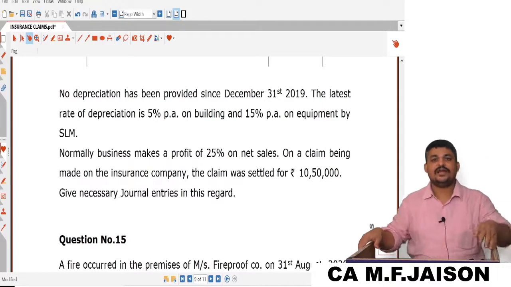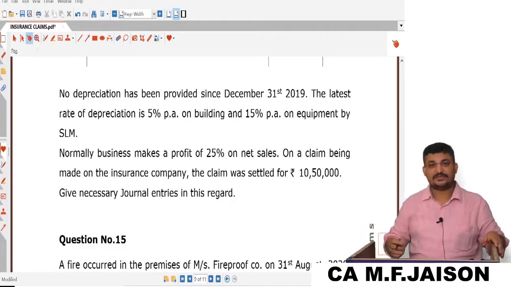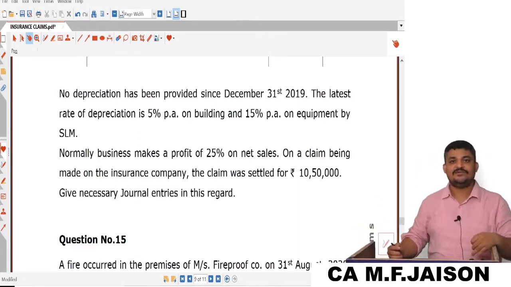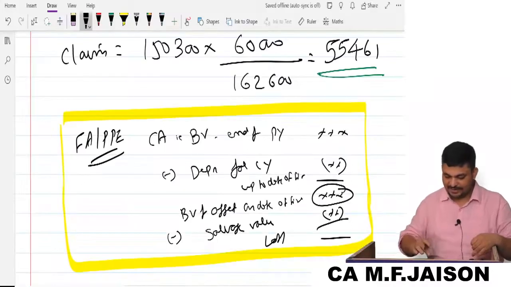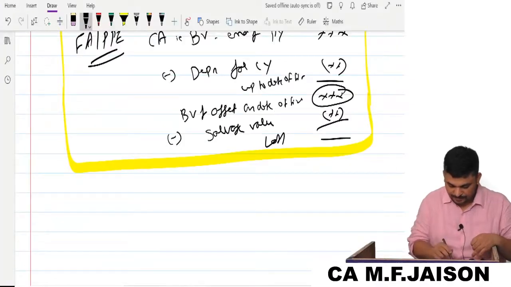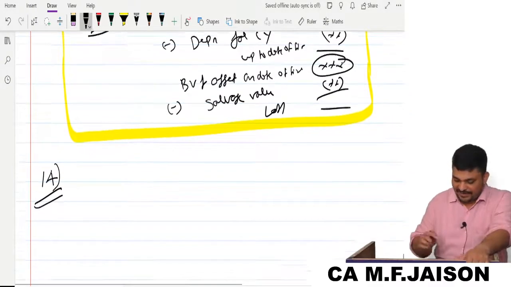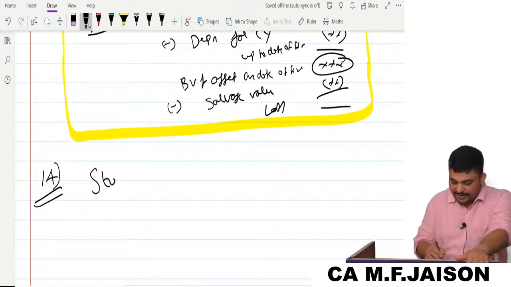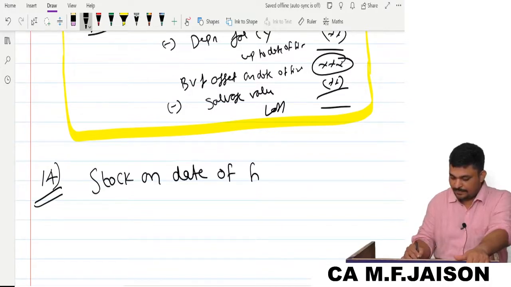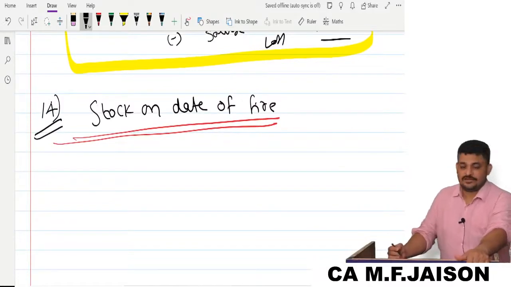So it's been understood that for the year 2020 there is a fire accident. So we'll prepare this memorandum trading account directly for finding out the stock on the date of fire. So it's question number 14. We'll find out, my dear friends, the stock on date of fire.